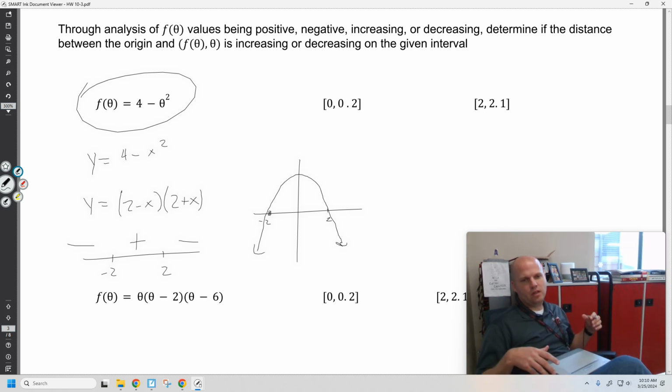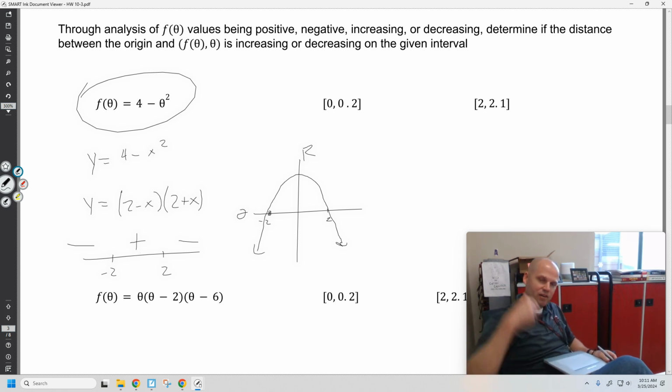Now, this rectangular graph is then thought of as, for angles, what are my radii? Well, between 0 and say 0.2, you can see my graph hit a maximum. I mean, these are bad. I should have gone from -2 to 0.2. Anyways, you can see that my radius is decreasing.